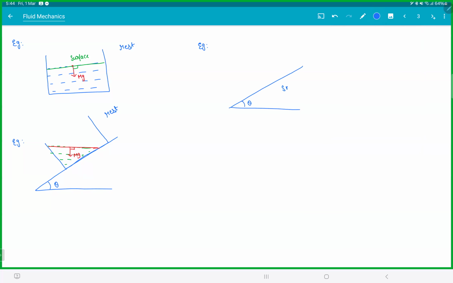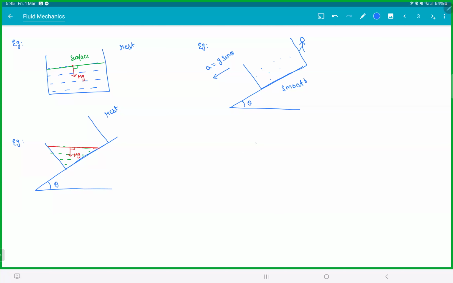Suppose you have a smooth incline and you put a container, and let's say the container itself is going with g sin theta. So the container is sliding. And now if you put liquid inside, how does it look? We're going to do a problem on this. So we have an observer on the container.